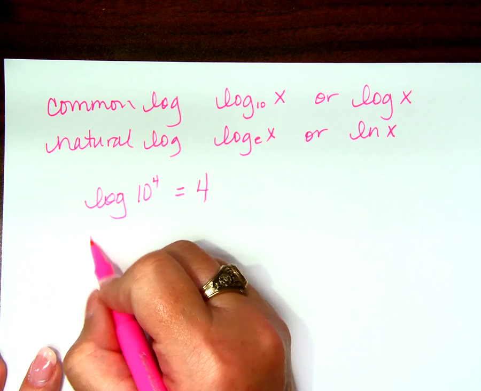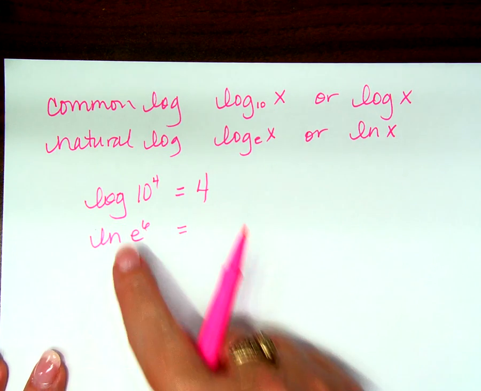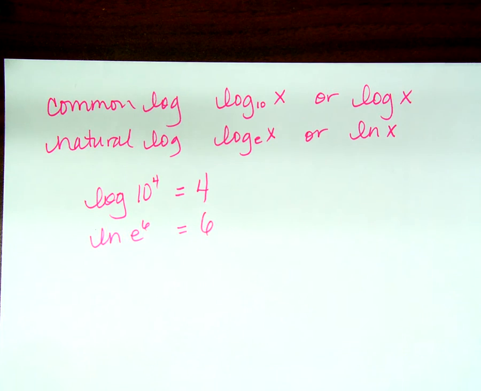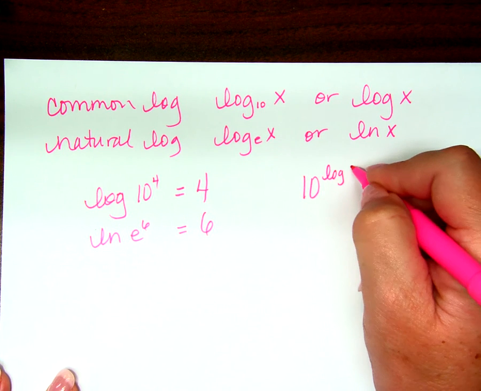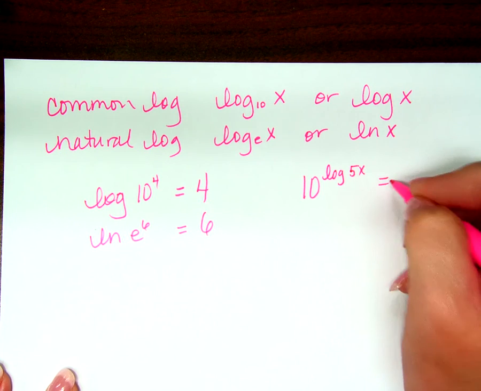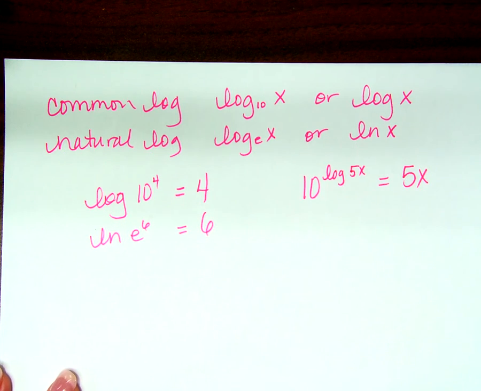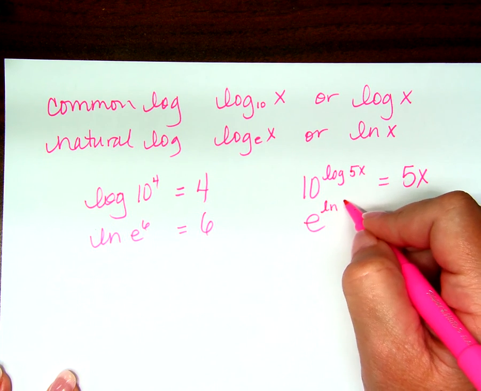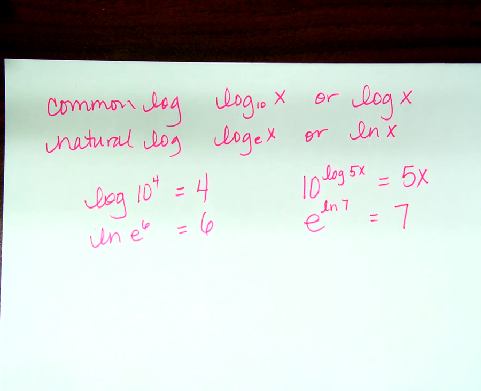If I say natural log of e to the 6th, what's the base of natural log? E. So the bases are the same, so the answer is 6. If I say 10 to the log of 5x, the base and the base are the same, so the answer is just what's left. If I say e to the natural log of 7, the answer is just 7 because the bases are the same.